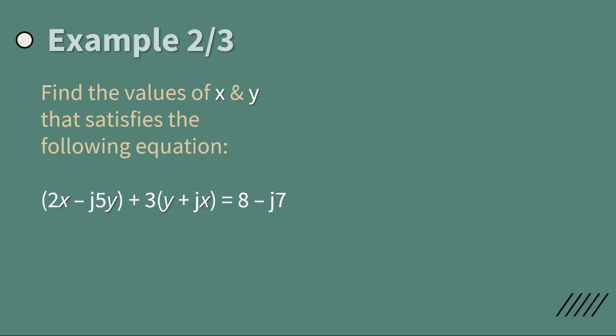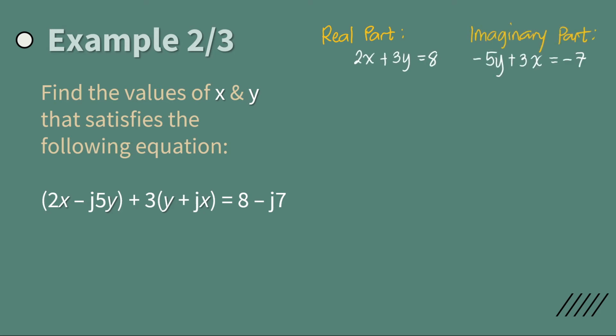Now we know that in complex numbers, there are two parts, the real and the imaginary part. So you can actually separate the two. If you look at the equation, you have the 2x and the 3y as your real part. And then for the imaginary part, with the j on the coefficient, we have negative 5y and then you have 3x.